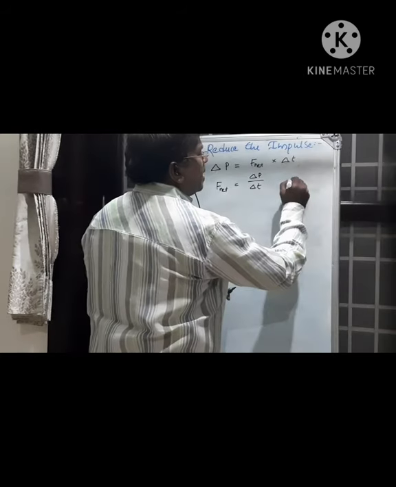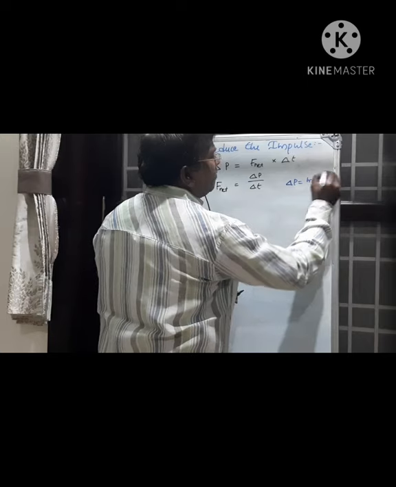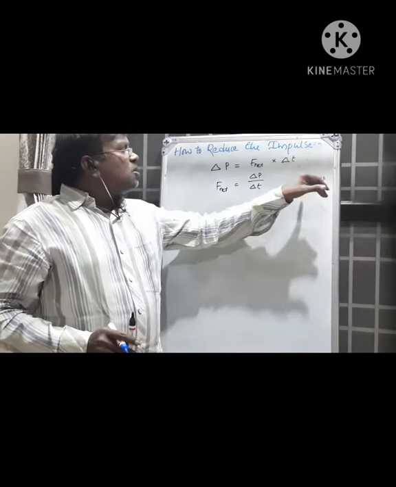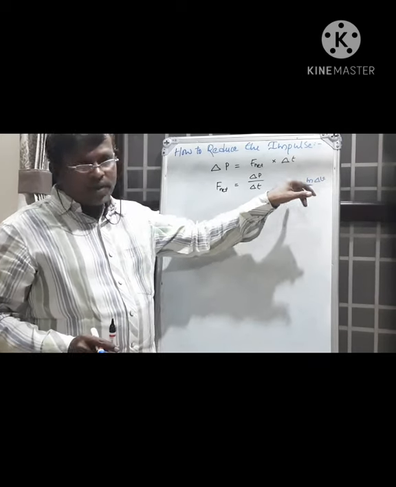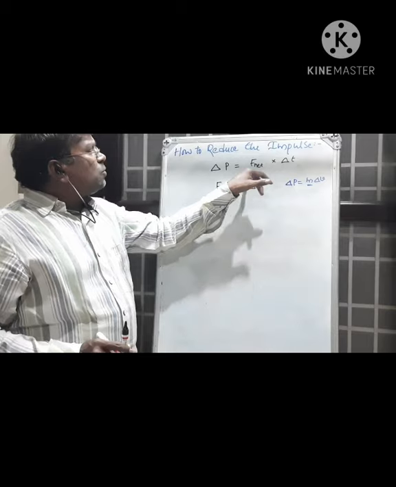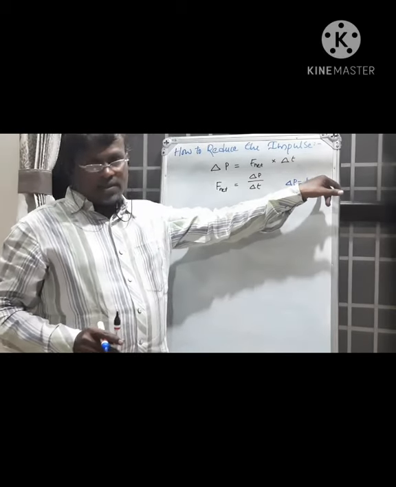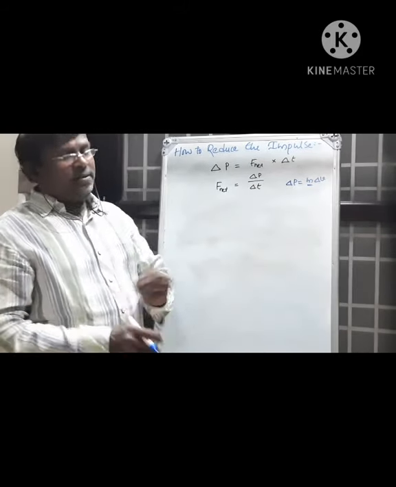That is delta P is equal to m into delta V. M is constant, that is the mass of the body is always constant. So the change in the velocity leads to the change in the momentum. So we have to decrease the momentum, meaning we have to decrease the velocity of the body. So this is one way.